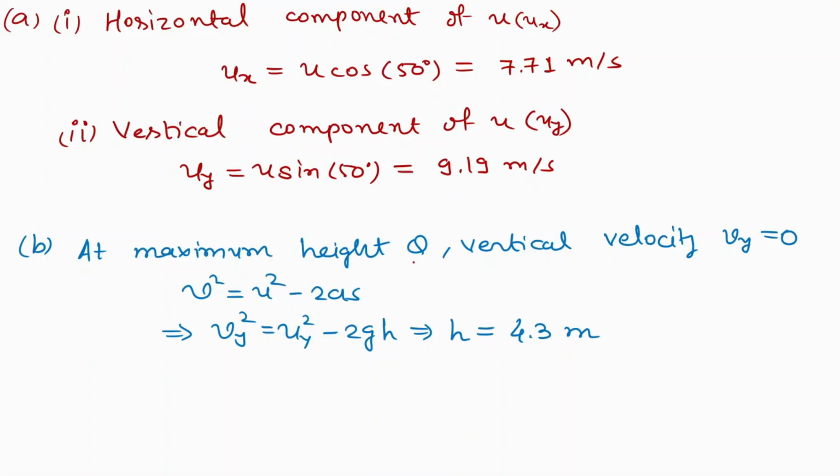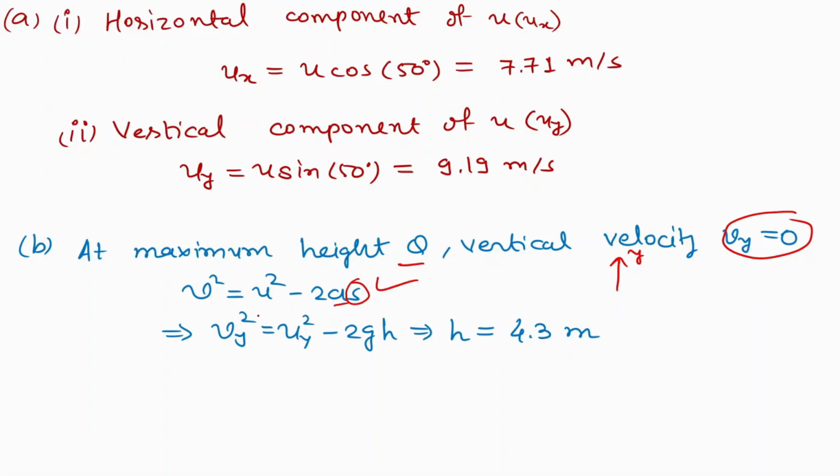At maximum height Q, the vertical velocity vy is 0, as you know. We use this equation because we know v, we know the initial velocity, we know a, and we need to find s. Here we consider only the y direction, the vertical direction.